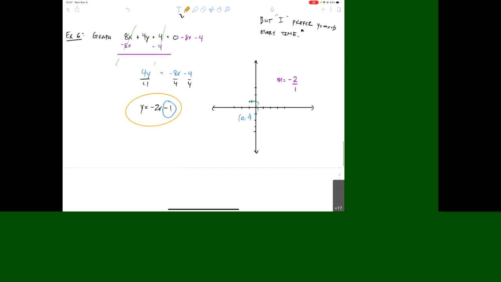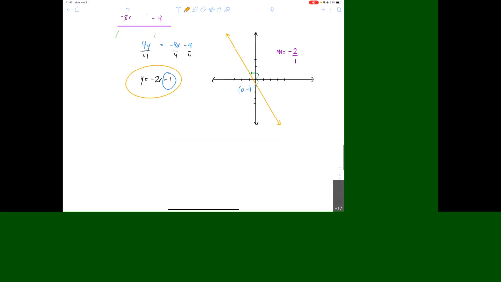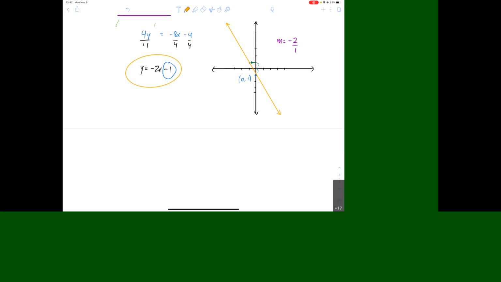Now, I may have also not mentioned this, but there are some properties that you can understand about the graph just by knowing the slope. And they're not necessary, yet it's helpful in terms of imagining what the graph will be.